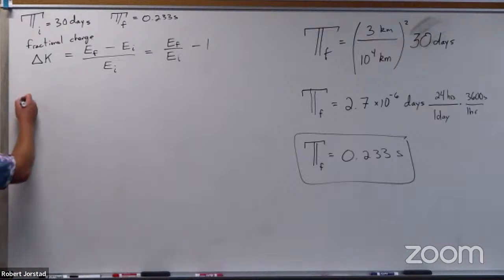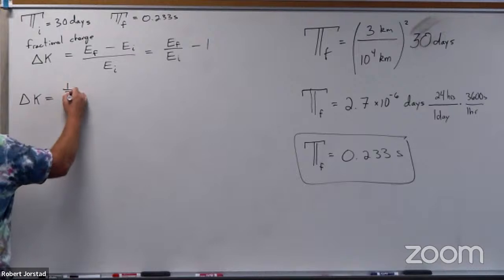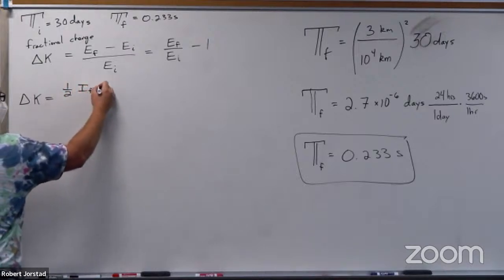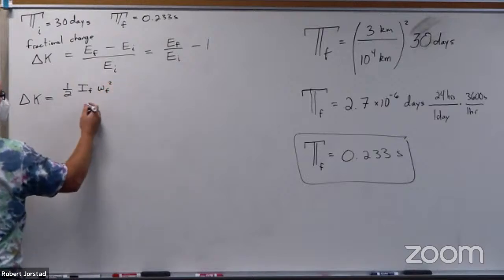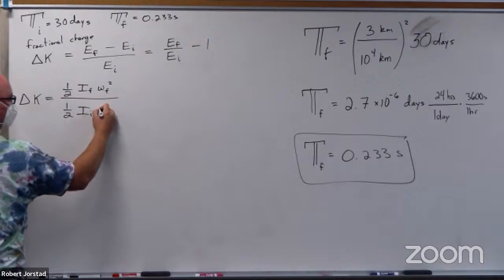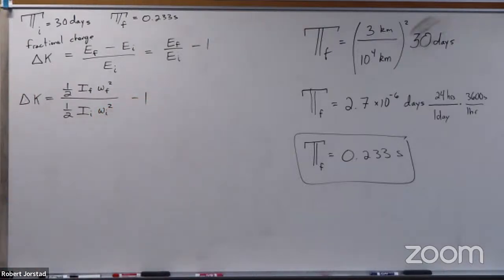All right. So delta K in this case is going to be the energy final, 1/2 I final omega final squared, over 1/2 I initial, and then we're going to subtract the 1. The halves drop out.